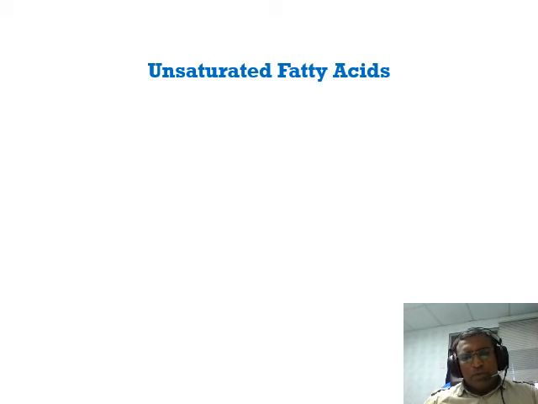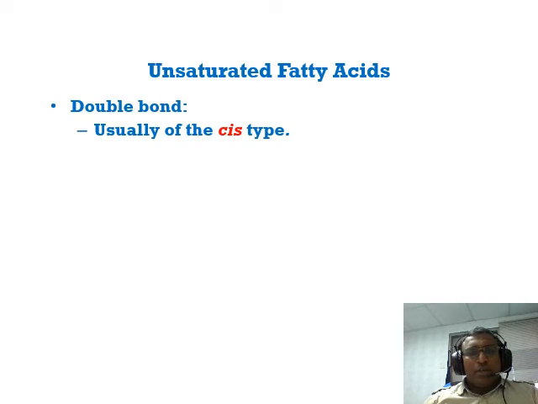So now we move on for more information on unsaturated fatty acid. It is cis type. There is also trans unsaturated fatty acid, but it is man-made rather than found in nature.